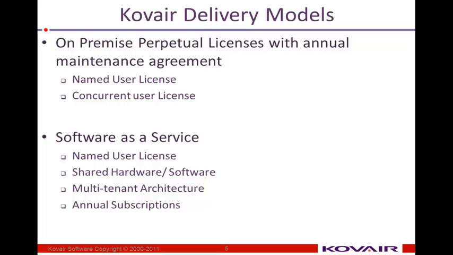Kovair is delivered either as on-premise. Typically the larger customers prefer an on-premise model, and we offer both named user license and concurrent user license for perpetual licenses. For smaller companies, they can use Kovair software as a service, and by sharing the hardware and software, their annual subscription can be substantially lower than the perpetual license.